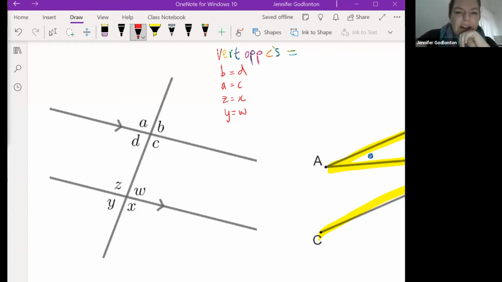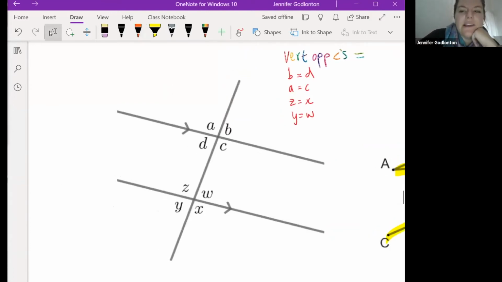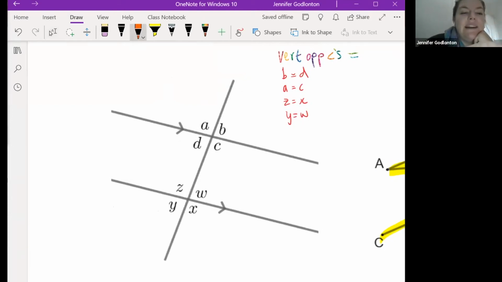Next question that I'm going to ask you is which angles are equal to each other when my reason is alternate angles? Tell me which ones are equal because of alternate angles. D is equal to W. Yes, D is equal to W. Excellent.